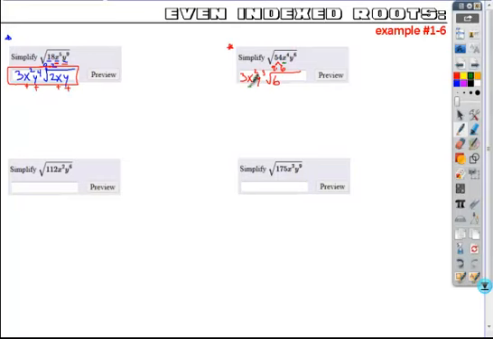So here, a negative squared becomes a positive. So do I need to put any absolute values around the x? No. So then I move to my y. Can y be a negative in the original form? A negative to an even power, yes, that works. So when I test y, it's independent of x. So if I test the y here, can this y be a negative? A negative to an odd power is a negative.